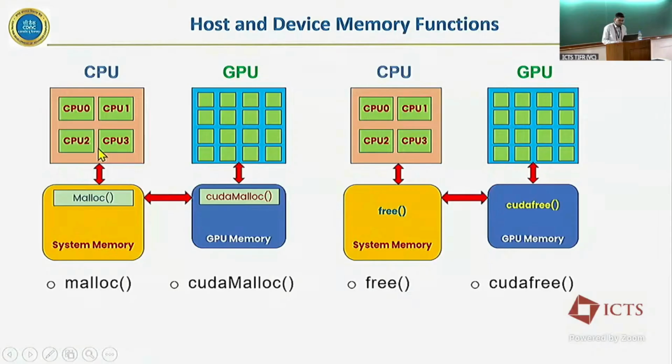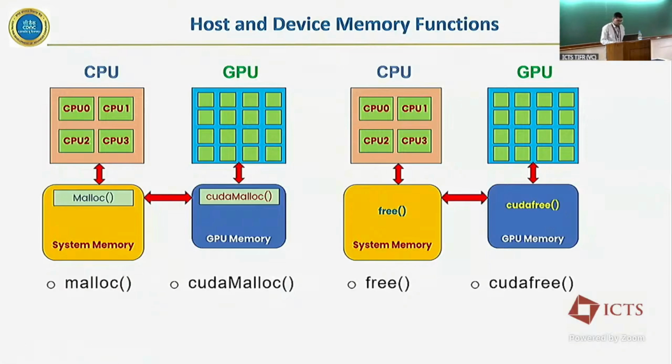First, you have to initialize the variables you want to perform operations on, in the system memory, that is the CPU's memory. You do that using the malloc function, the dynamic memory allocation function in C language.